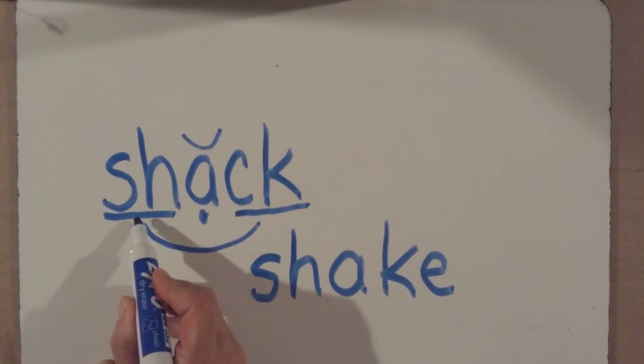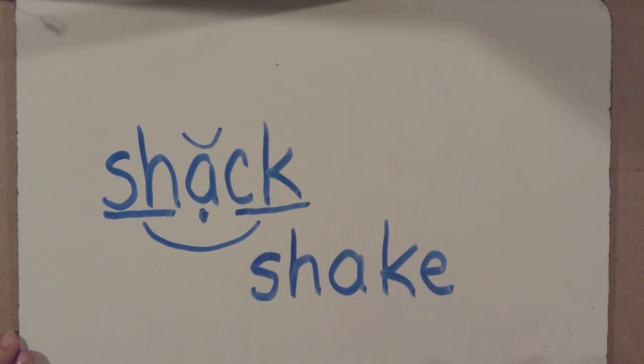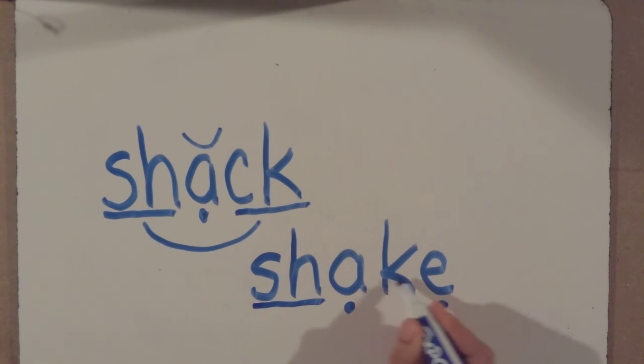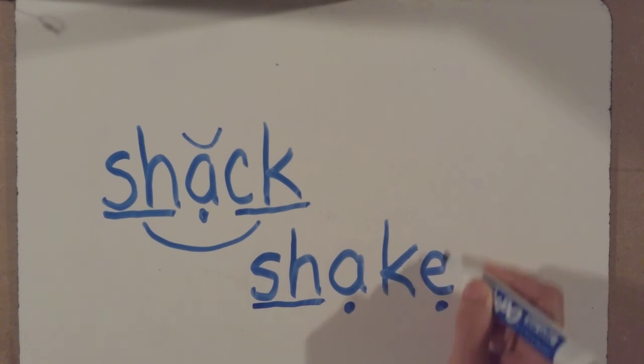And now we touch our sounds. Sh, ah, k. Now when we look at this word, we have two vowels. We have that digraph, got to underline. But look, K is there all by herself. And she can't keep the door closed if E is pulling it open.